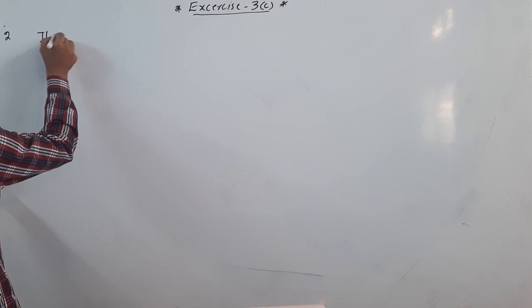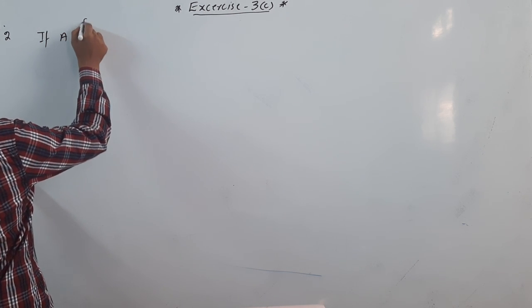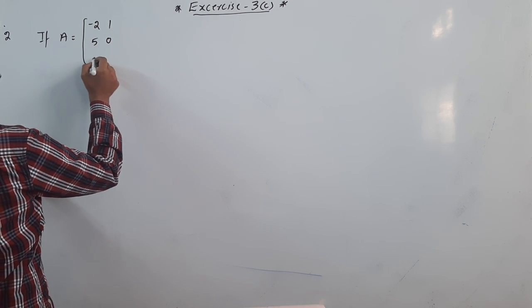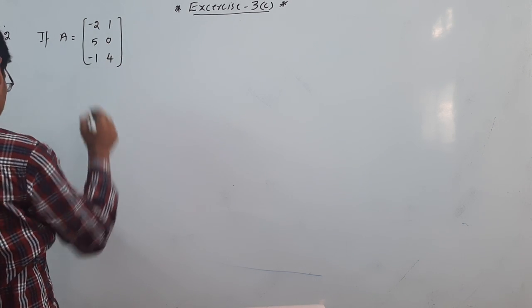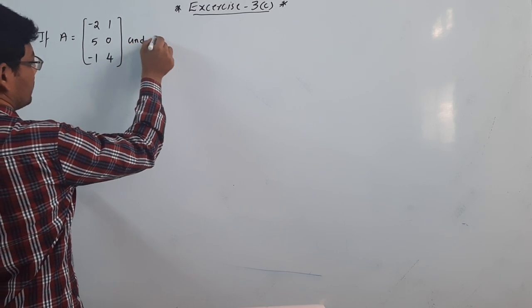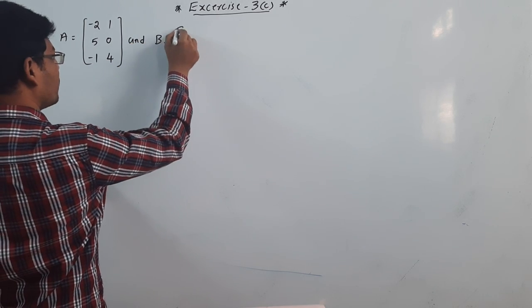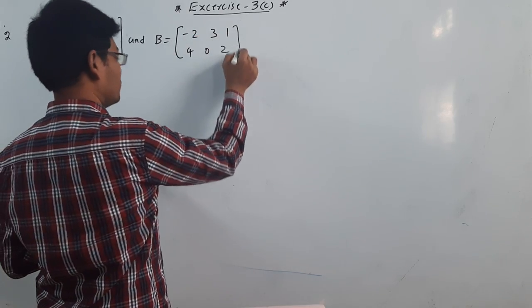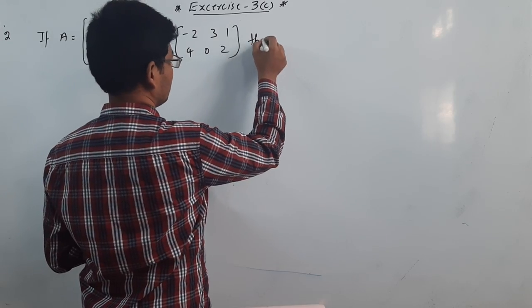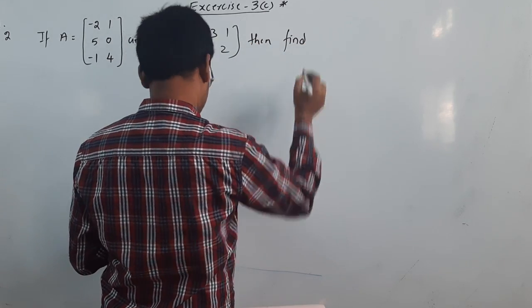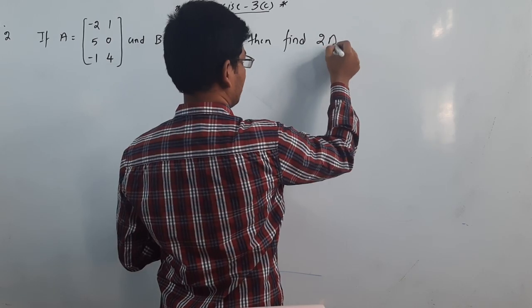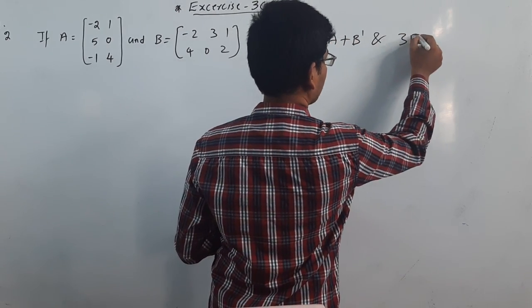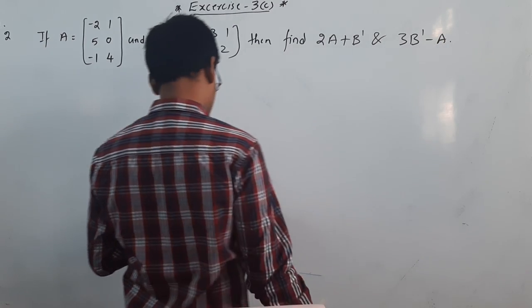If A is equal, he is given minus 2 1 5 0 and minus 1 4, and B is equal, he is given minus 2 3 1 4 0 2, then he is asking to find 2A plus B dash and 3B dash minus A.